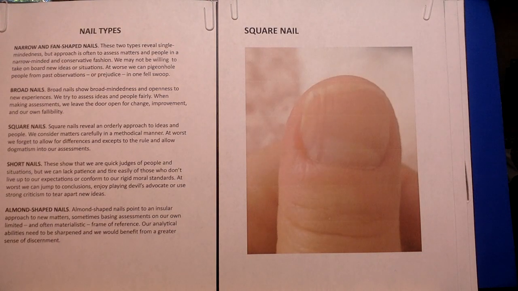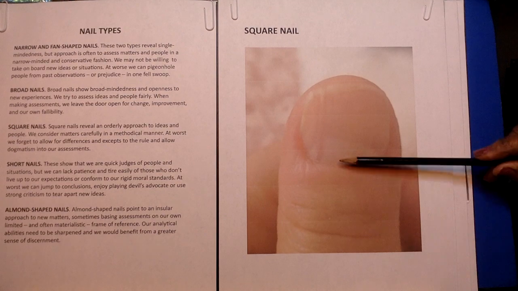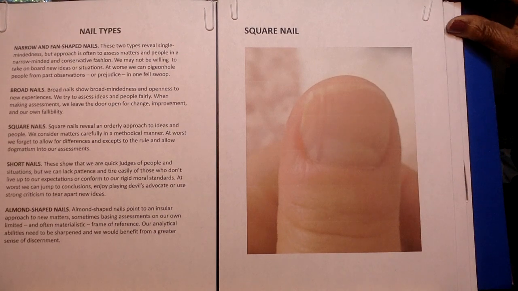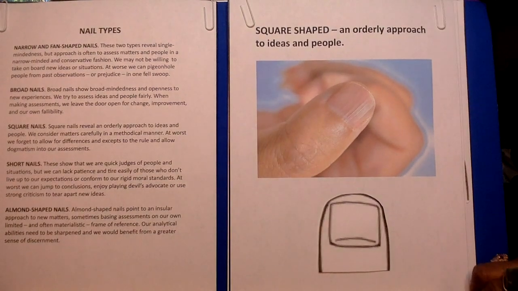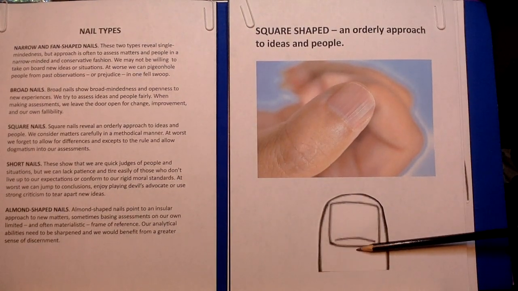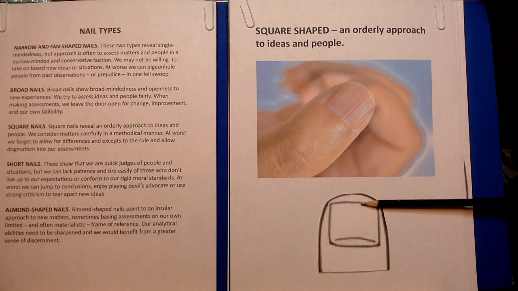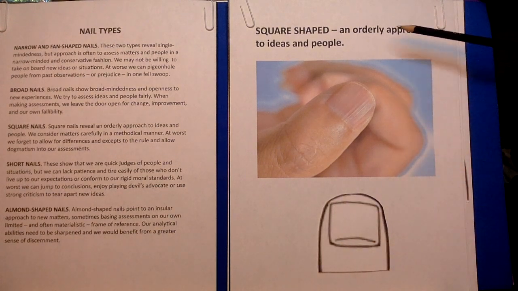Let's go on to our next one, which is called the square nail. Okay, and this is what it looks like. Let's check the next page and see. Square. This is just a little diagram on it. Square. Okay? Orderly approach to ideas and people.